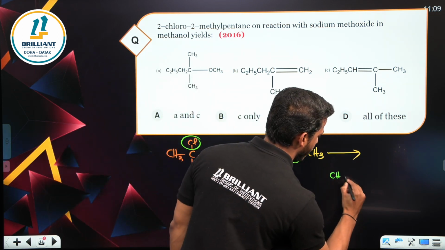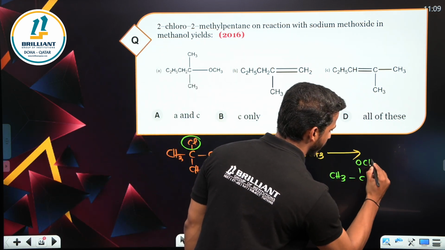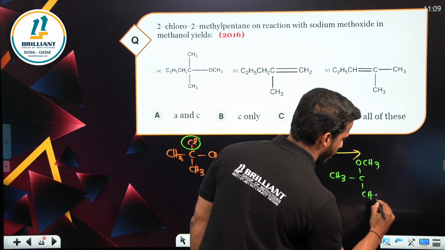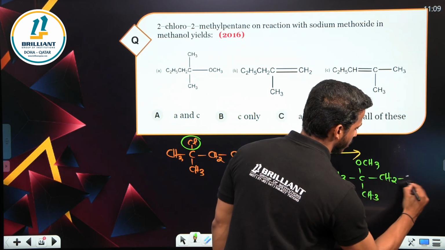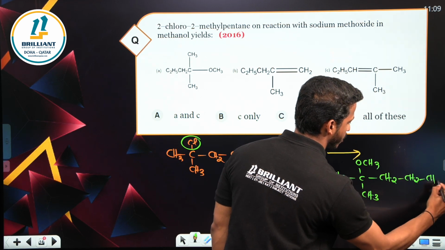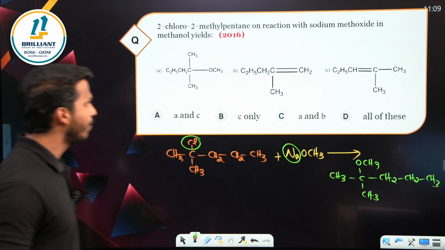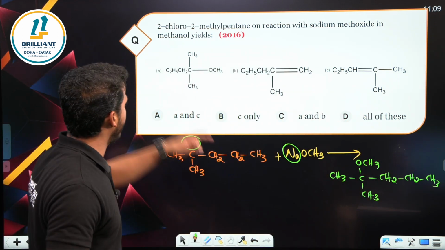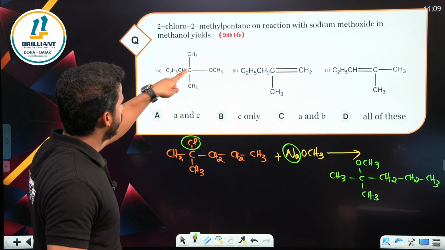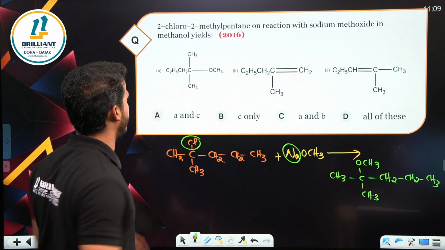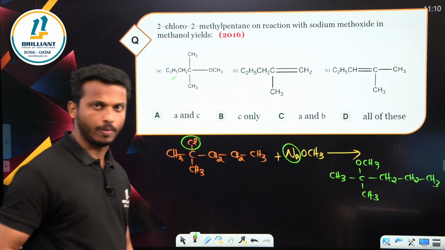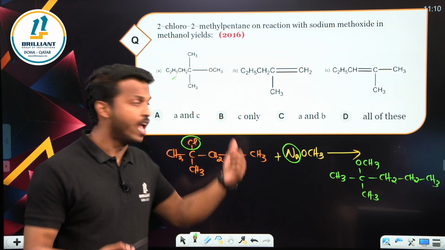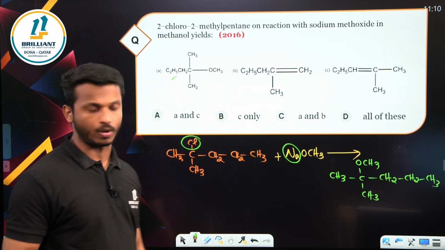We will get CH3CH2CH2C(CH3)2OCH3, one of the products that can be expected. Option A can be possible because Williamson synthesis can happen when a haloalkane reacts with sodium alkoxide.